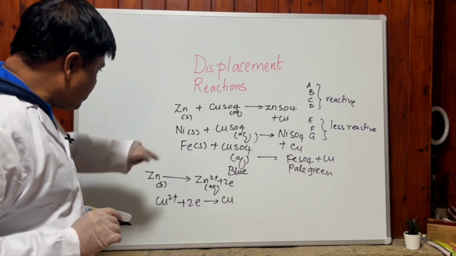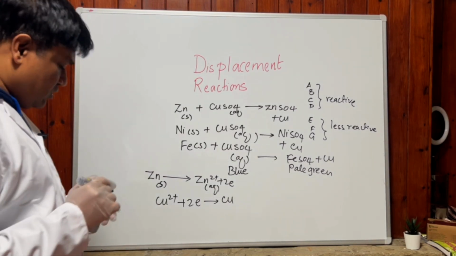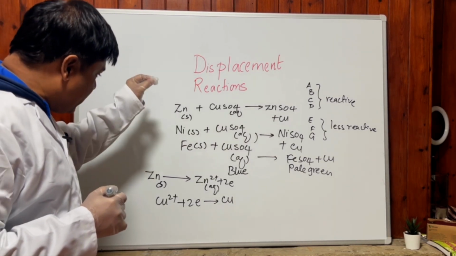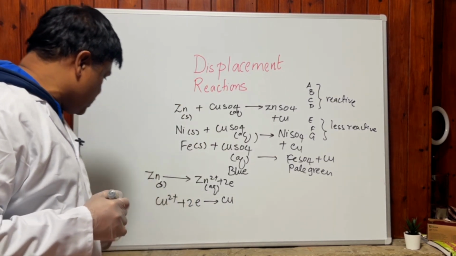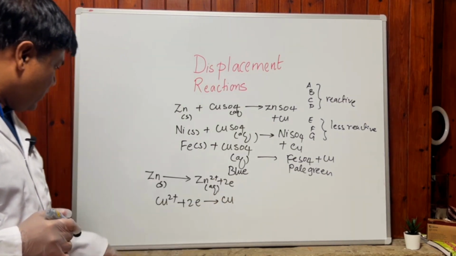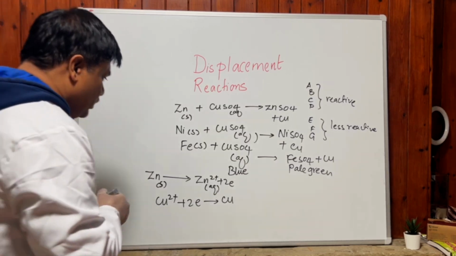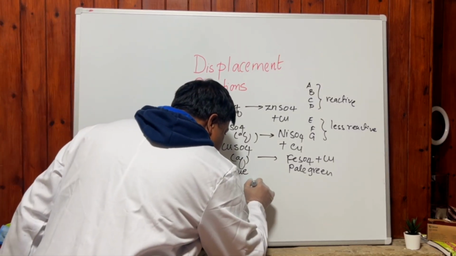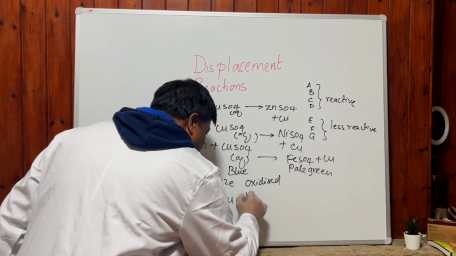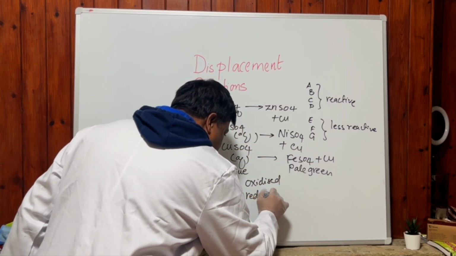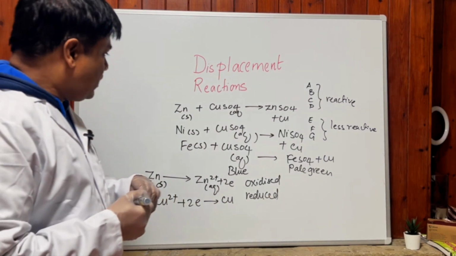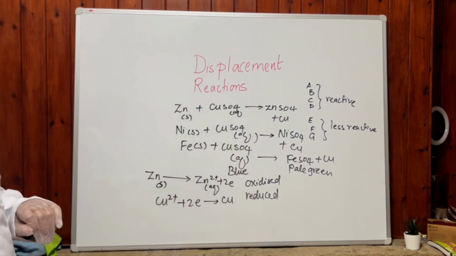I will show you this experiment and let's see what will happen when we dip a nail in copper sulfate solution. This is loss of electrons, this is gain of electrons. So zinc gets oxidized and copper gets reduced. So displacement reaction is a type of redox reaction.